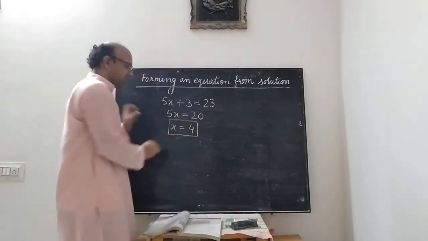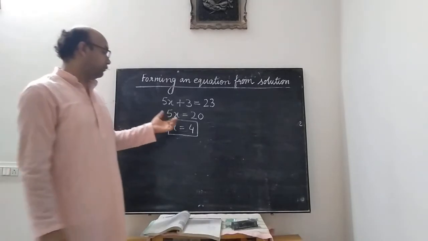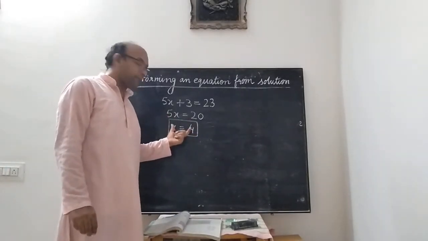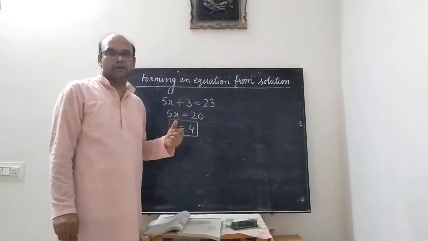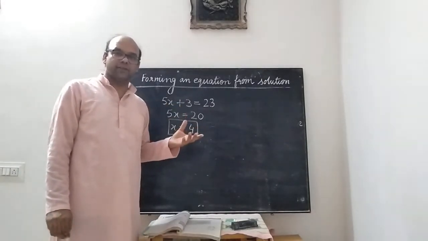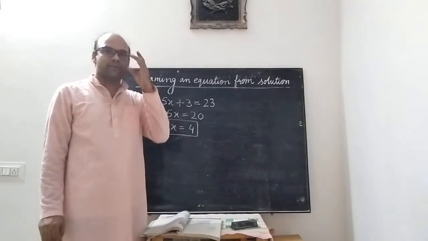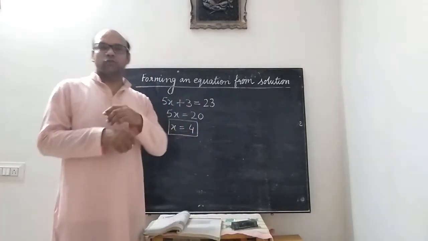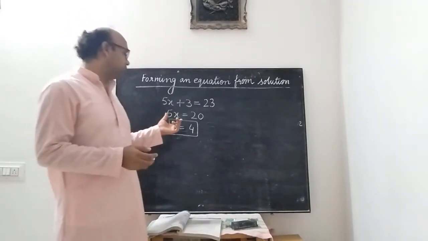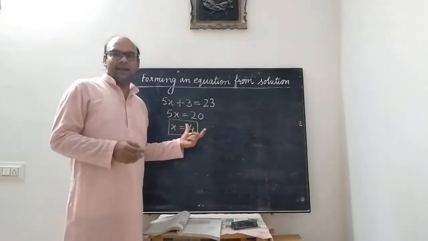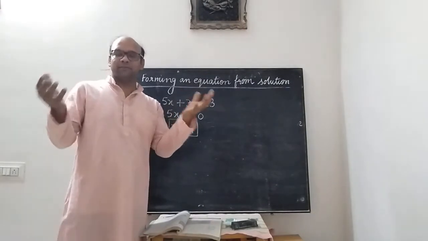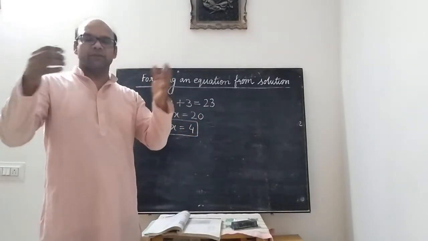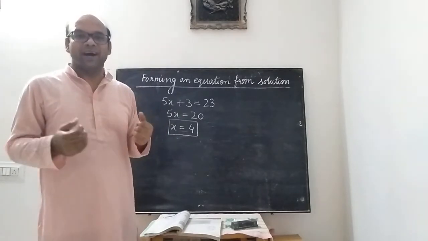Now if someone says, I have 4 apples in my hand, and you have to form an expression, a statement, and this is an open-ended thing given to the whole class. If the teacher says, say x equal to 4, I have 4 apples in my hand, then each of the students can give a different answer.